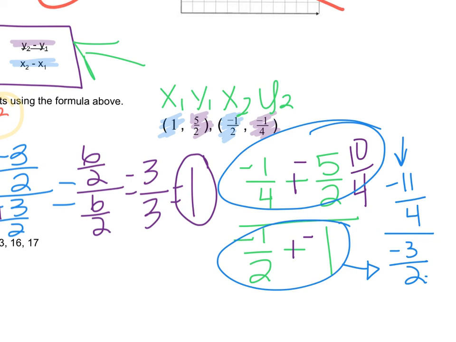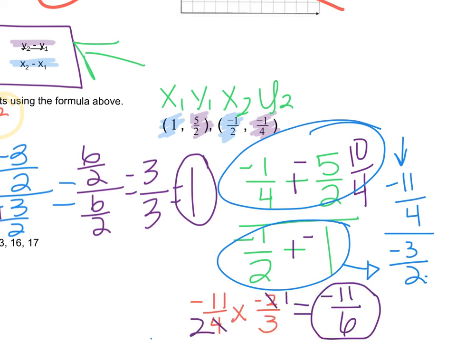And let's see if we get the same answer. All right, did you get the same answer? You've got negative 11 over 6. And I guess you could have turned that into a mixed fraction, but usually we'd want to leave it as an improper fraction. So if you did, you'd get negative 1 5/6. Okay?